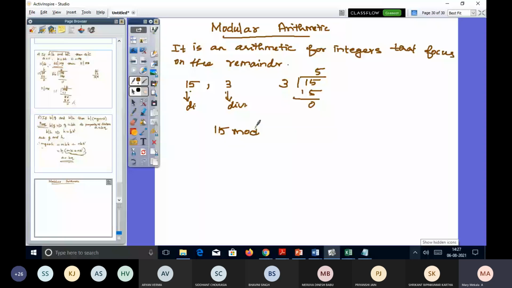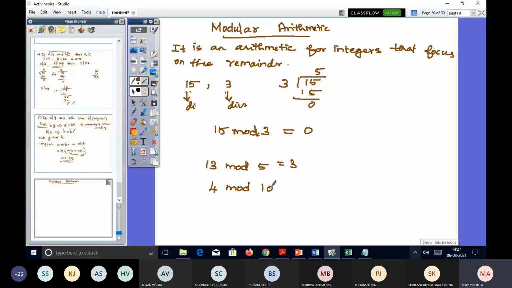So what is 13 mod 5? 3, ma'am. Yes, 13 mod 5 is 3. Now, what is 4 mod 10?